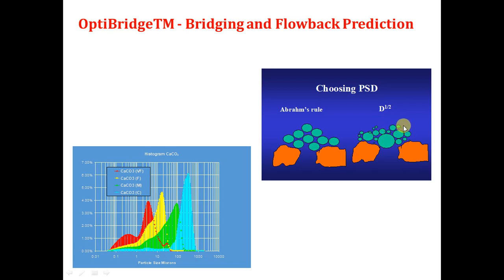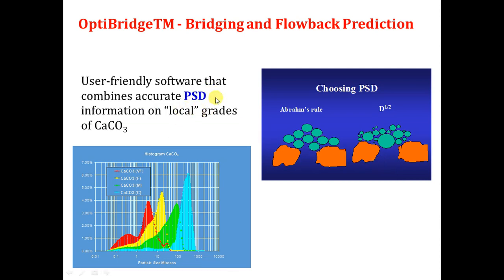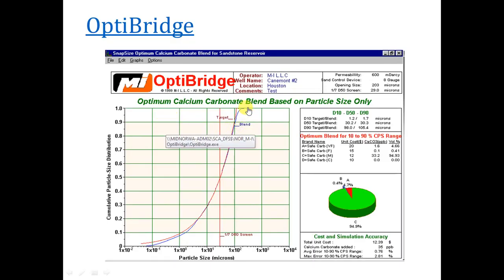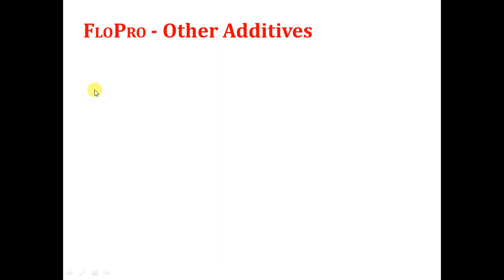So if we get the best formula for all this, we can make very good bridging, and it helps in reducing the filtrate, by what is known as particle size distribution. Okay, and this is a program that can be used for this.